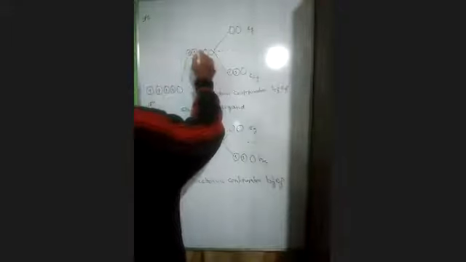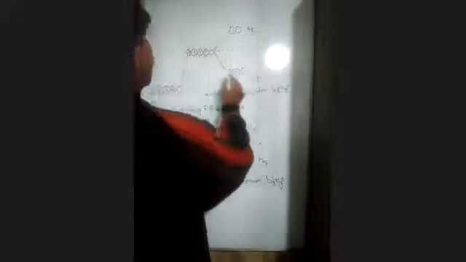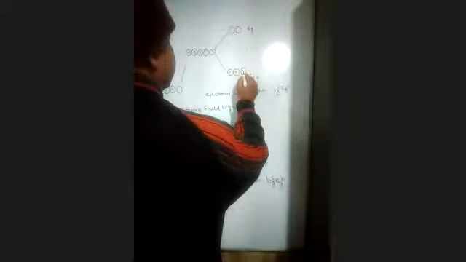So I'll go for now D4. See, 1, 2, 3, 4. Out of these 4 electrons, initially it will come here, 1, 2, 3.